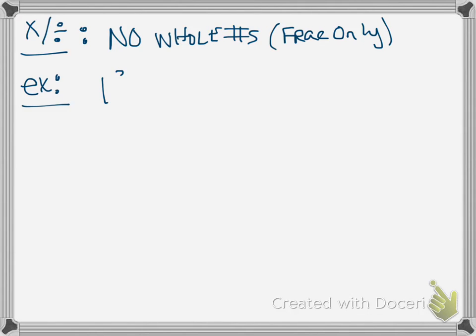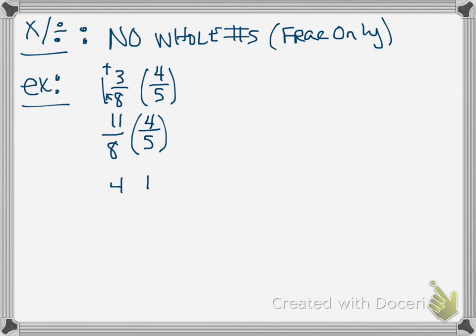So let's do a couple examples of that just to refresh our memory. If I have 1 3/8, and I'm going to multiply it by 4/5. Now again, no common denominator needed. We can leave that an 8 and a 5. But I do have a mixed number here, so I have to say 8 times 1 plus 3, 11/8 times 4/5. Now we've talked in the past about cross-reducing if you wanted to rewrite your numerators.